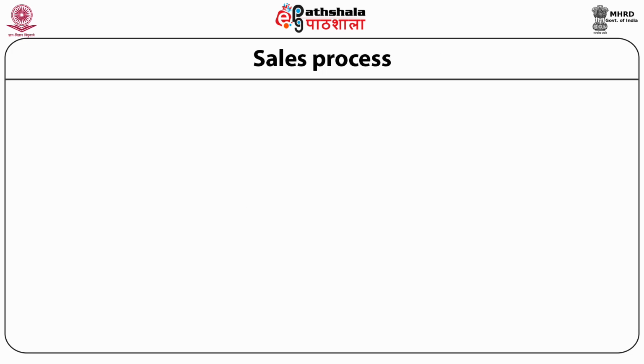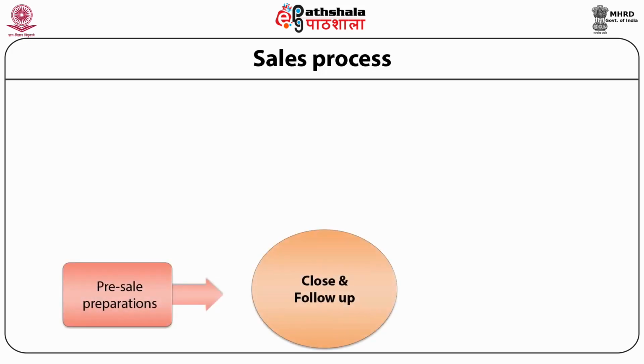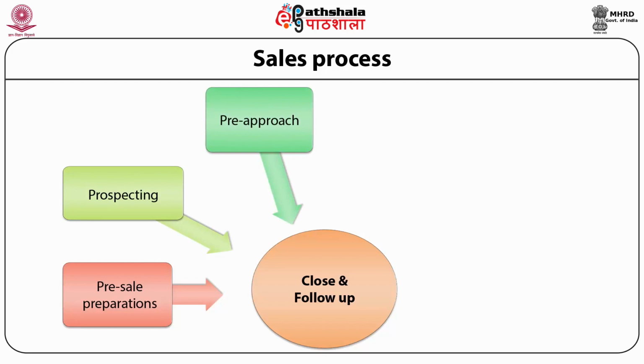Now let me discuss the sales process which is followed when personal selling is carried out. It starts from pre-selling preparations. Then there is the need for prospecting. Then pre-approach is carried out.